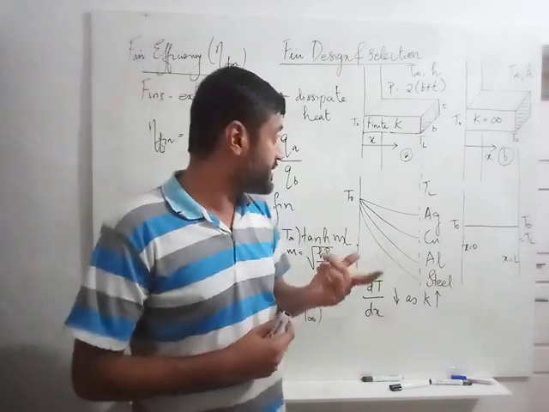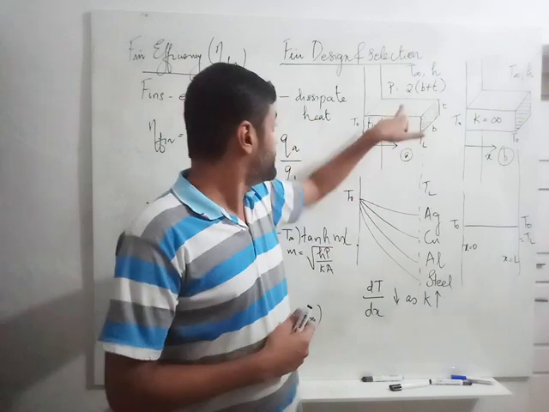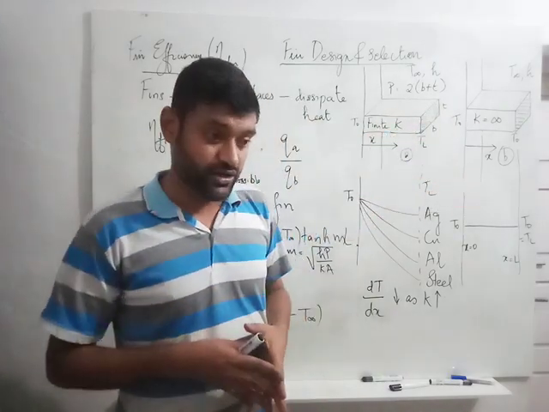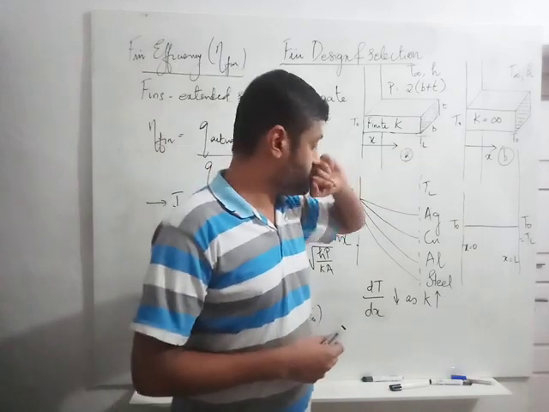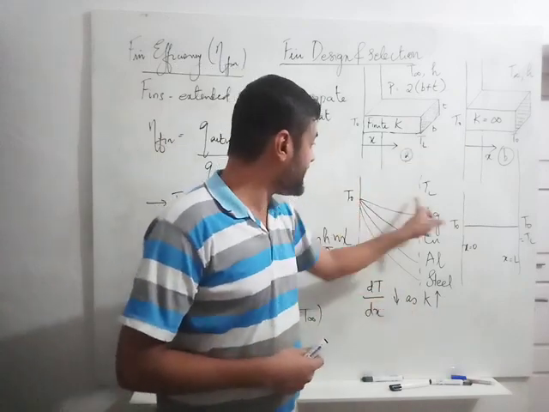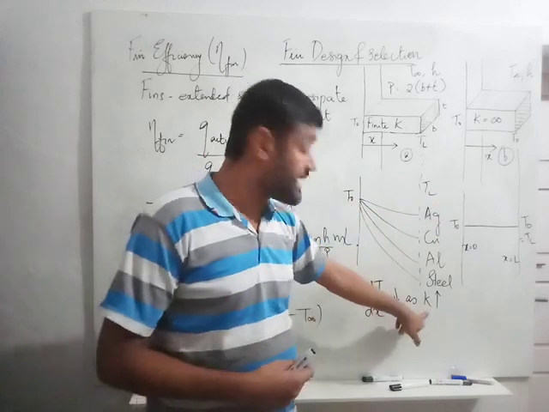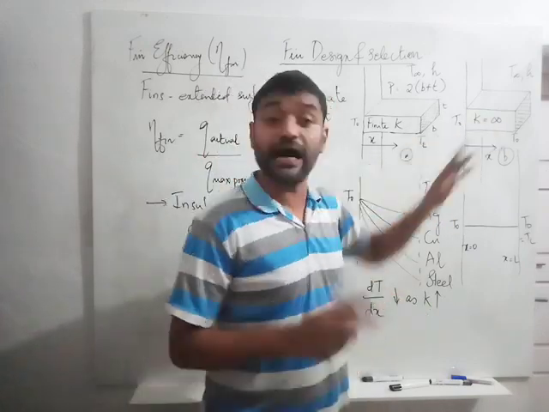Now for that to happen, for the maximum possible heat transfer, this entire area has to be at the same temperature. Which means if the entire area has to be at the same temperature, T0 and TL should be equal, that means K should be infinity. So I consider a hypothetical case.